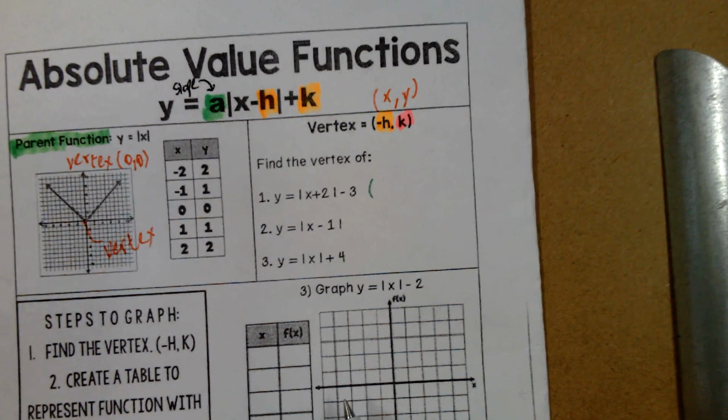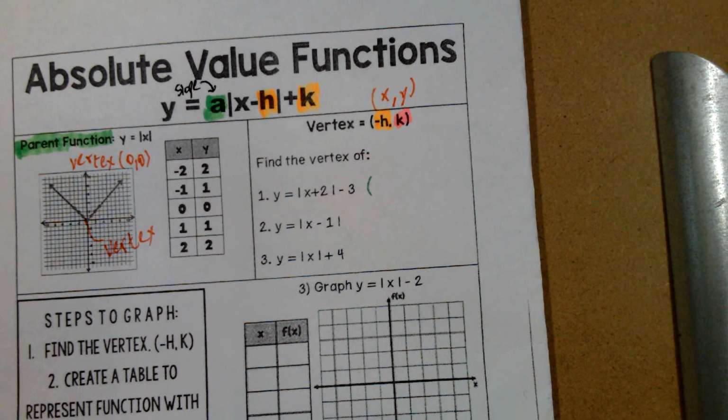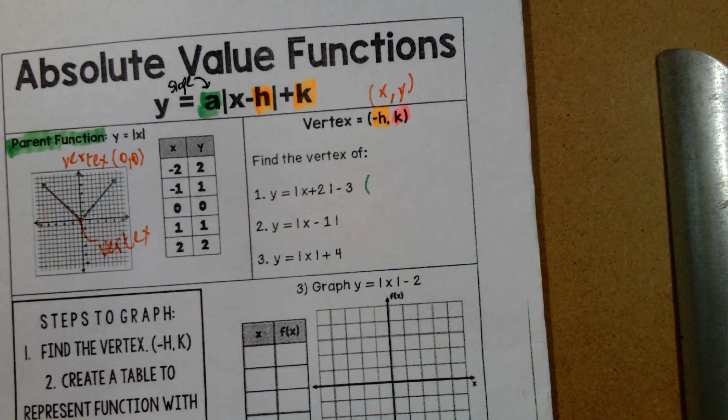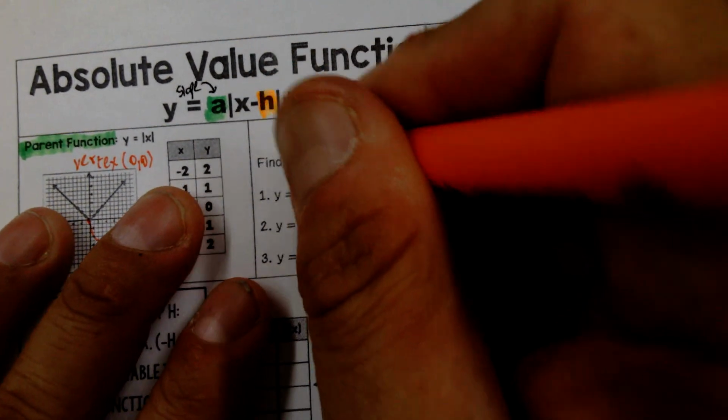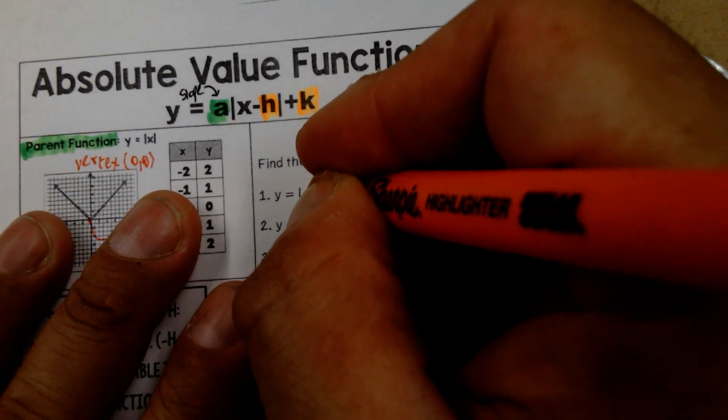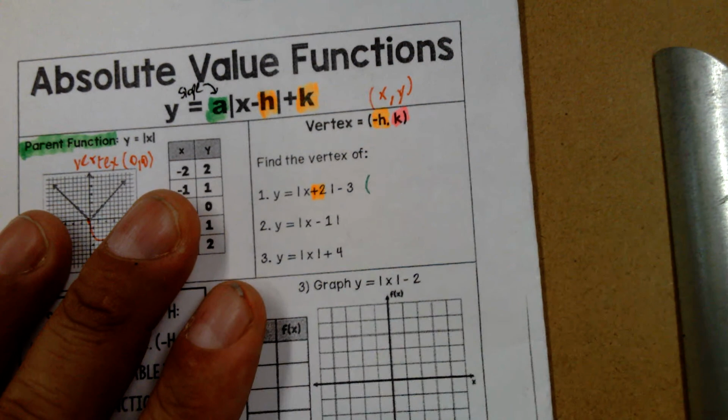So let's see. First, we have to identify h and k. Let's see what numbers we get for h and k. We have this 2 here.